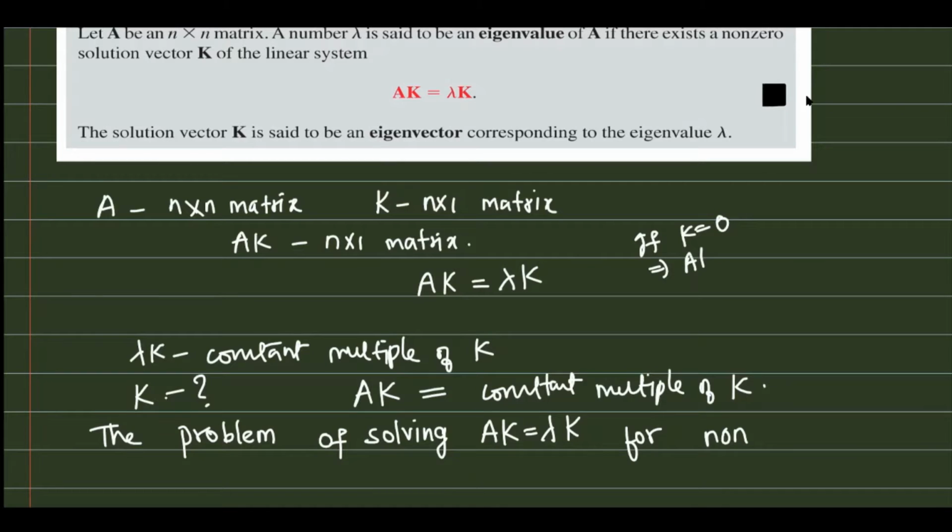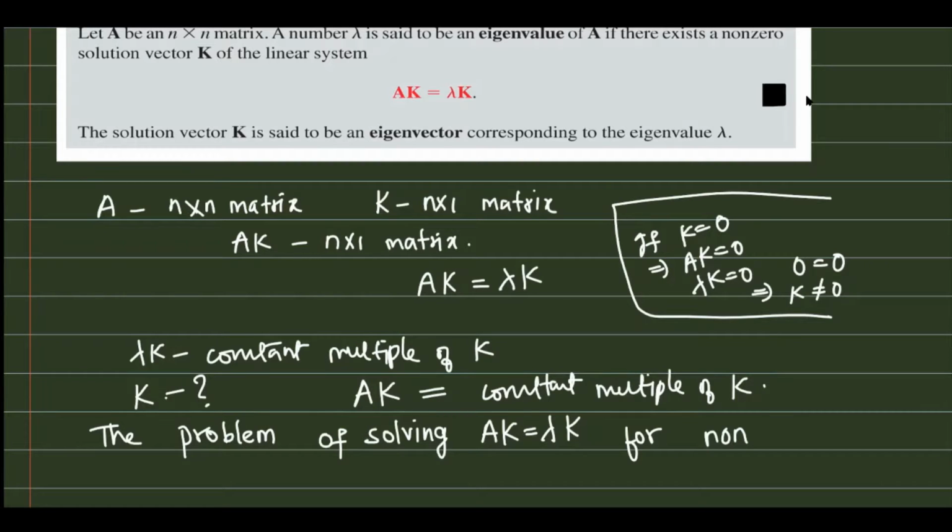We have AK equal to 0 and lambda K will also become 0. So 0 equal to 0 is trivially satisfied. So this means that K should be non-zero. Okay, so the solution vector K should be non-zero.